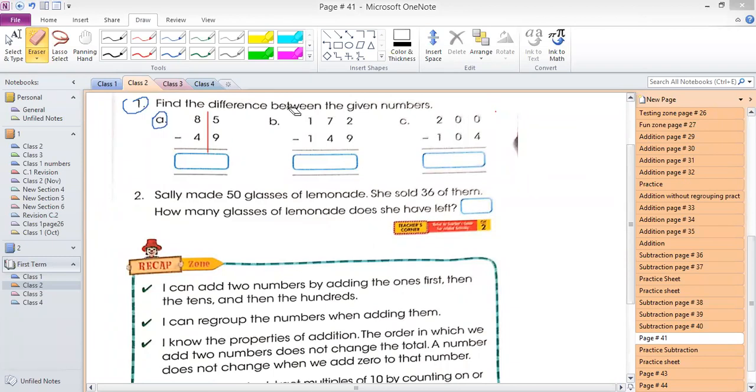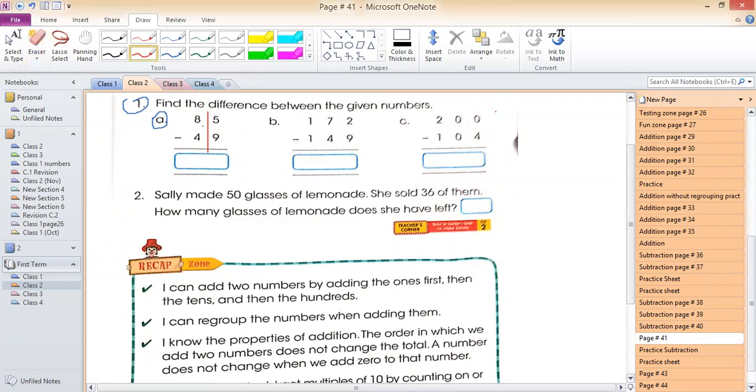Okay, let me take one student. I'm going to take one of the students, and that is Taimullah Hassan. Yes, sir. Yes, Taimullah. 85 minus 49.